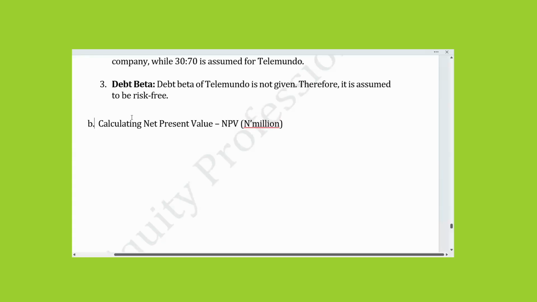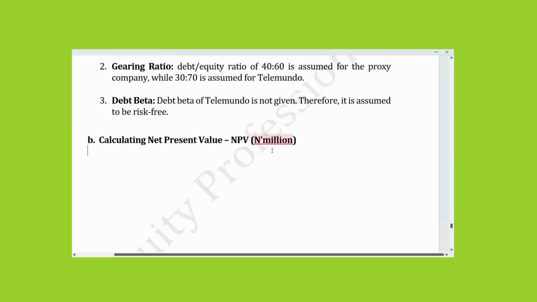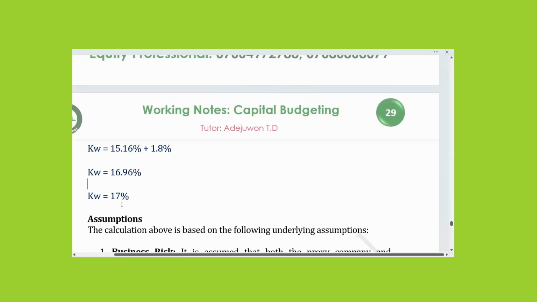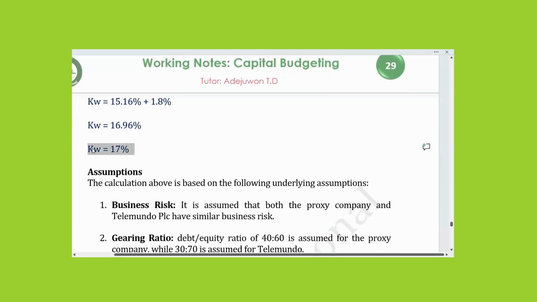Yes, Tosin, what's your question? Good morning, sir. I think requirement A still has one part. It says, and state why you consider the rate more appropriate than the existing WACC of 11%. Yes, you are correct. We have calculated our WACC. Our WACC is 17%.